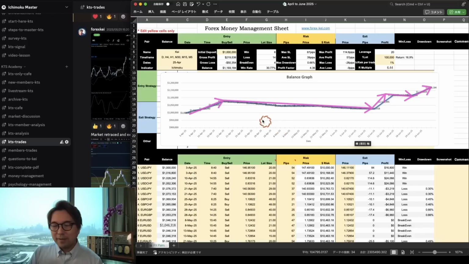Of course, along the way, you may have some drawdowns, but keep the losses small. And once you make profits, that profit should cover the previous losses, is my strategy. And based on this logic, if you build your own strategy, and if you see the result this way by doing like 100 trades on Forex Tester or TradingView bar replay, then you're good to go in the live market.